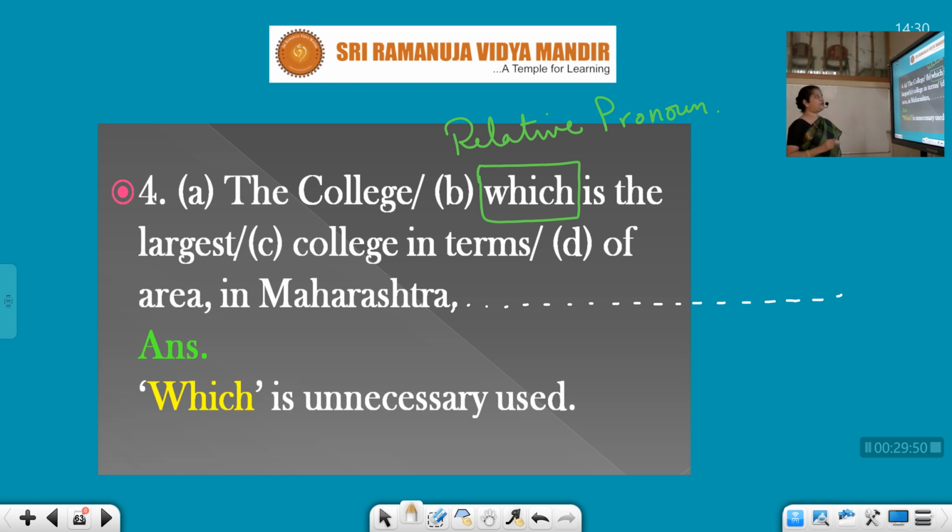Say for example, I say the college which is the largest college in terms of area in Maharashtra has not scored the first rank. Or, the college which is the largest in terms of area in Maharashtra has very few students.